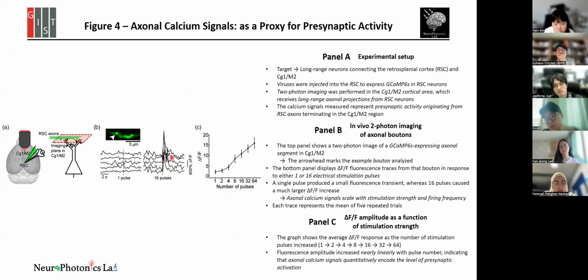As you can see, as the number of pulses increases, the fluorescence also increases. Fluorescence amplitude increases nearly linearly with pulse number, indicating that axonal calcium signals quantitatively encode the level of presynaptic activation.